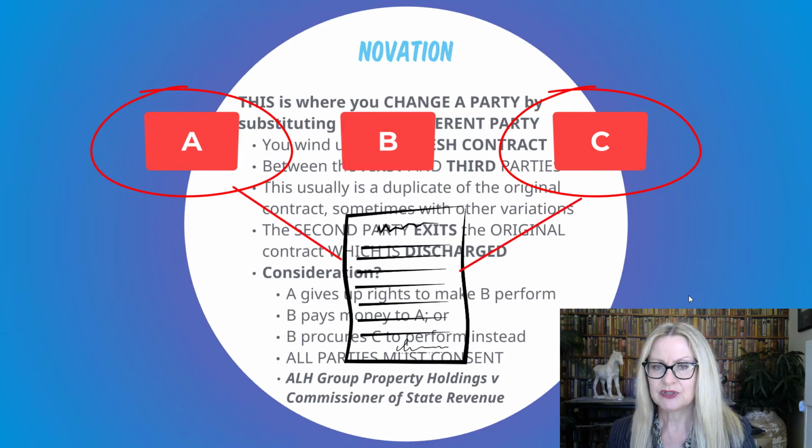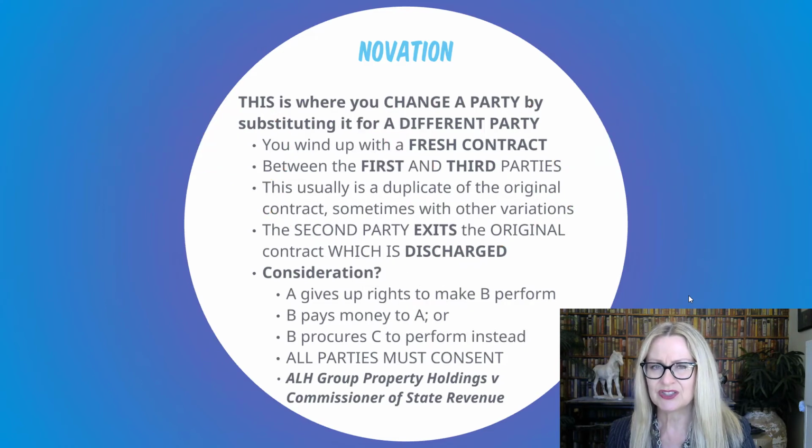So, most important thing to remember about a novation is that it discharges the entire contract between the first and second original parties, and it brings in a new contract, as I said, usually on the same terms, between one of the original parties, the first party, and a newcomer, the third party. The consideration, what's the consideration involved here if you're going to structure it as a contract rather than a deed of novation?